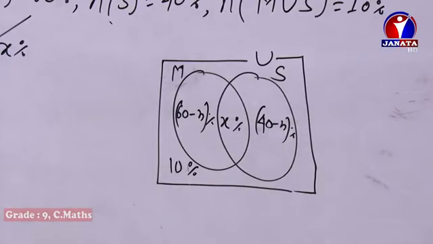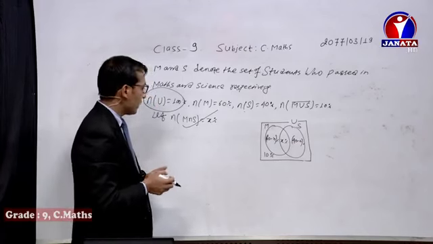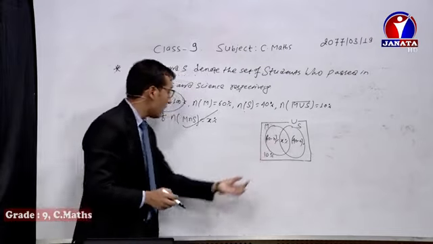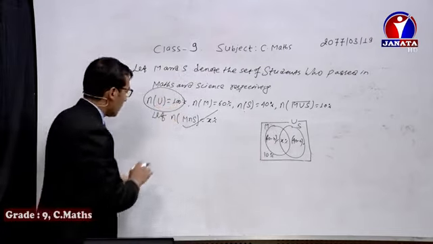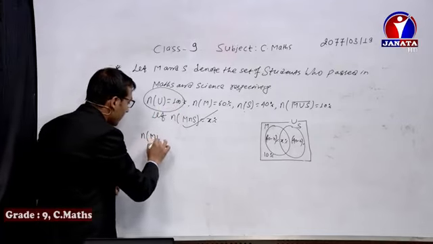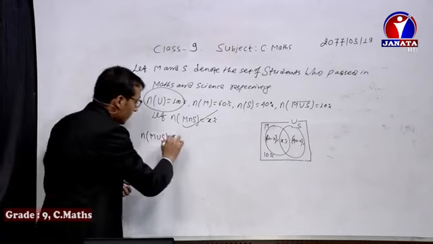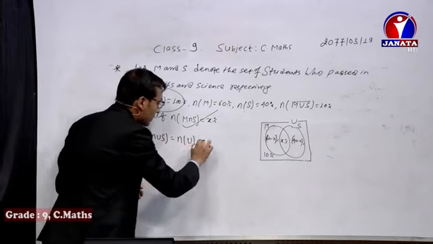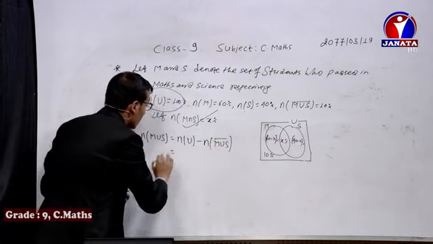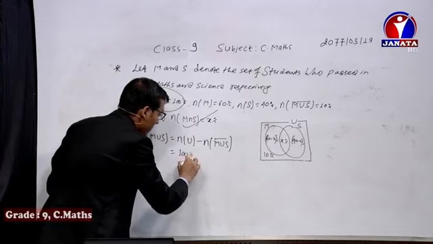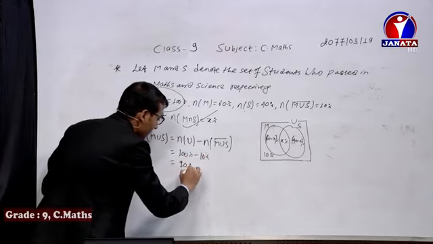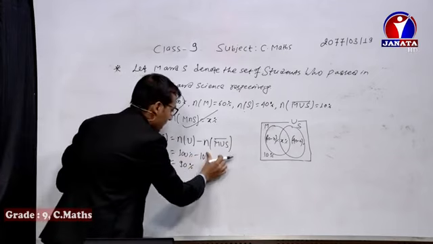But if we are using M union S, we need to deduct 10% from N of U. So N of M union S is N of U minus N of M union S complement: 100% minus 10%, this is 90%.